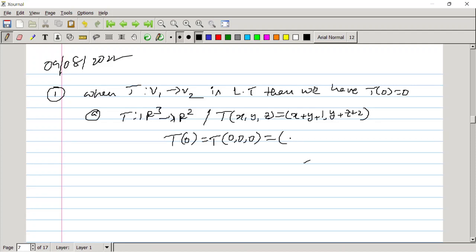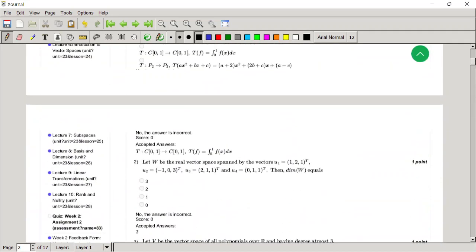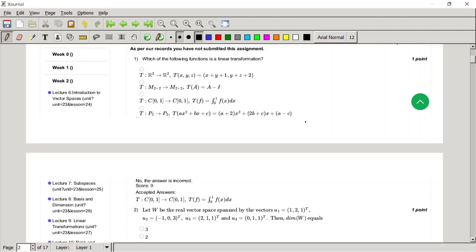According to the function definition, this equals (0 plus 0 plus 1, 0 plus 0 plus 2), which is (1, 2), not equal to 0. Whenever T is a linear transformation, T of 0 has to be 0, but this is not happening, so we can eliminate option 1. So 1 is not the correct option.